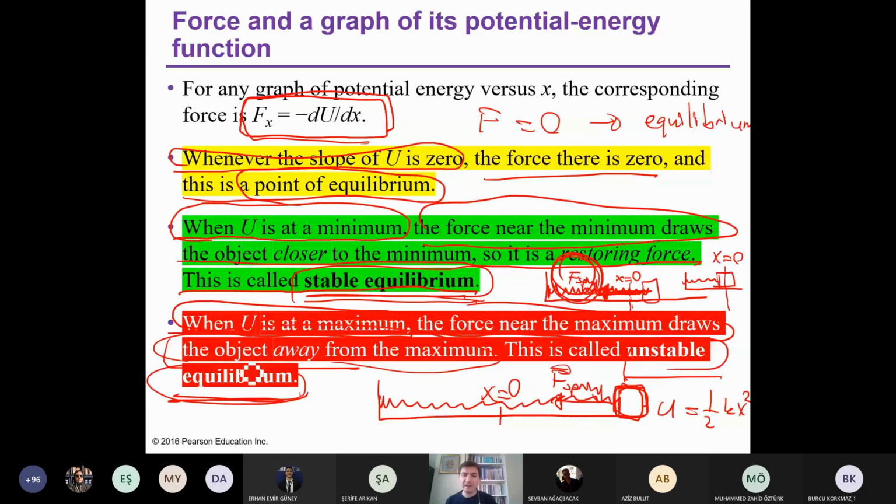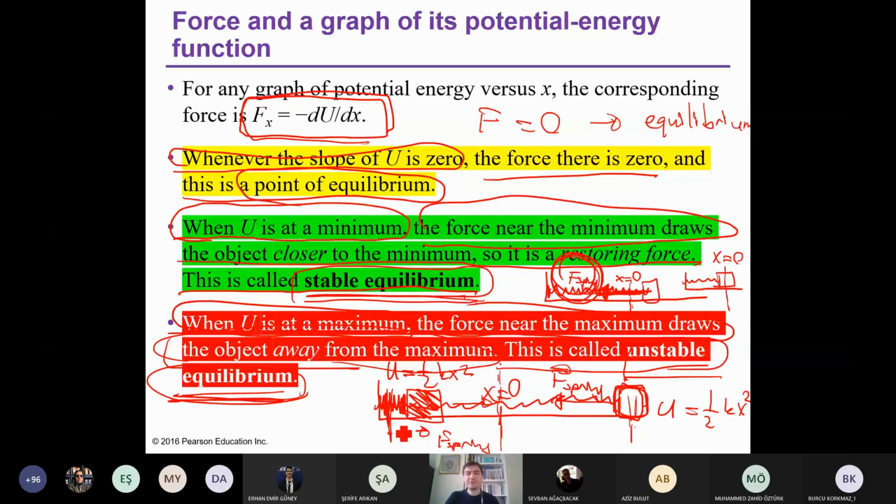This is unstable equilibrium. If you compress the spring, just consider this condition, now it has huge potential energy. Then the force applied by the spring again draws the object away from this maximum to the minimum energy condition, and this position is also called unstable equilibrium.